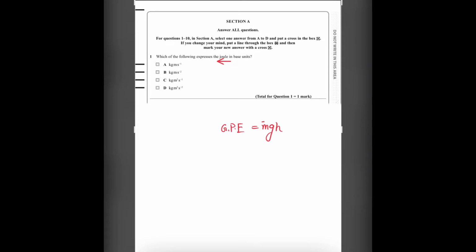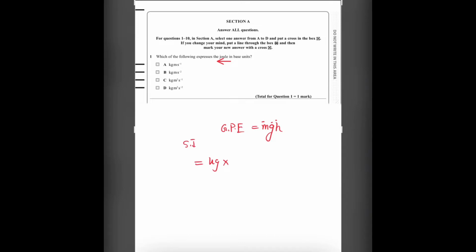So m is the mass, g is the gravity, and h is the height above which an object is present above the ground. The SI standard international unit for mass is kg, and g is a form of acceleration, right?